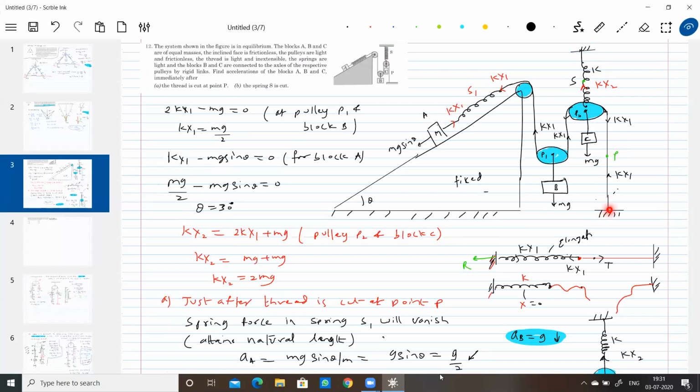This normal reaction by the wall. Why would there be a normal reaction? No, the string is light. Nothing will be there. Sir, for the spring also, nothing will be there, because no force is acting and no spring force. This R will also vanish.